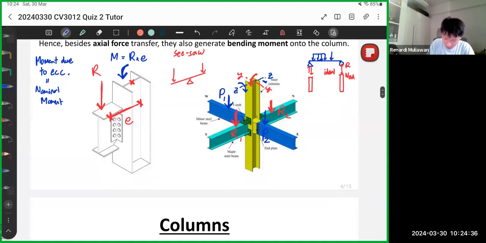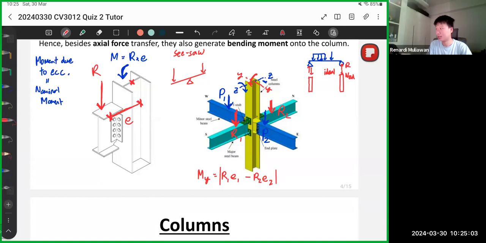So basically, the moment at YY, MY, is just R1 times E1 minus R2 times E2. It's that simple. And usually we are only interested in the magnitude, so plus minus doesn't really matter.